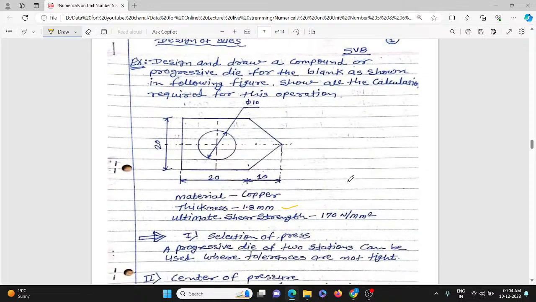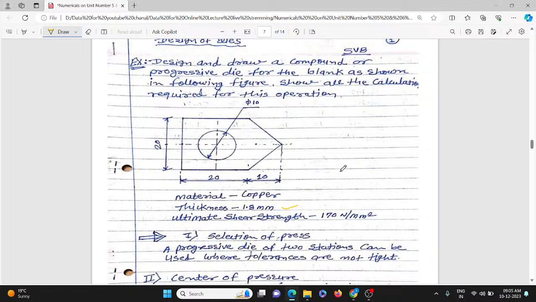So here, the first procedure is that you have to select a press, since simple, compound and progressive types of dies are there. One of the dies you have to select.